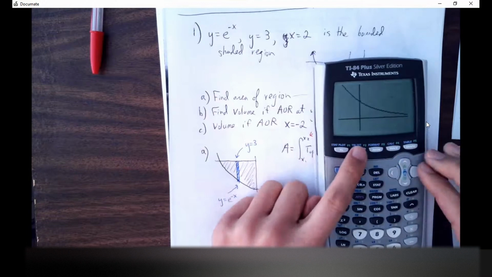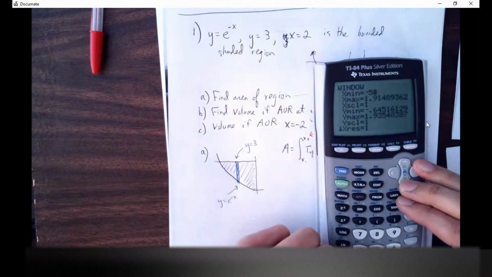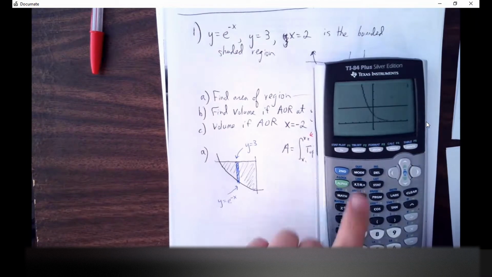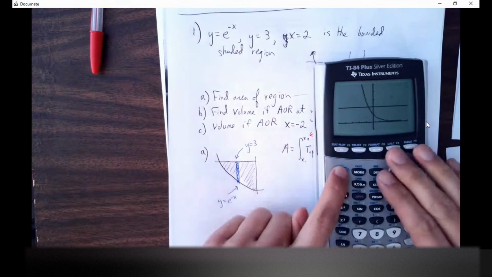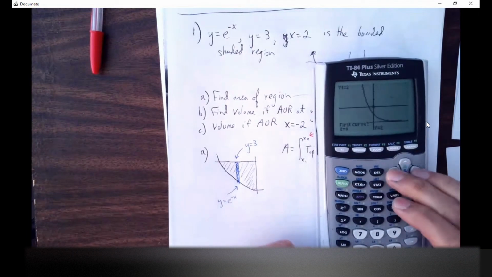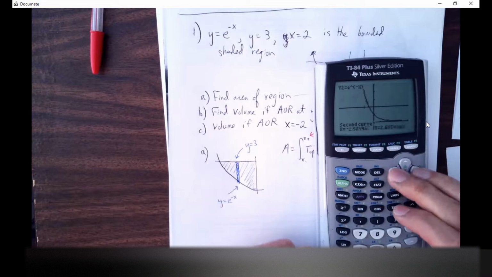I think maybe zoomed out a little too much here. Okay. Second trace, intersect. Pick a point on the line that's close to the intersection. Pick a point on the curve that's close to the intersection, hit enter.